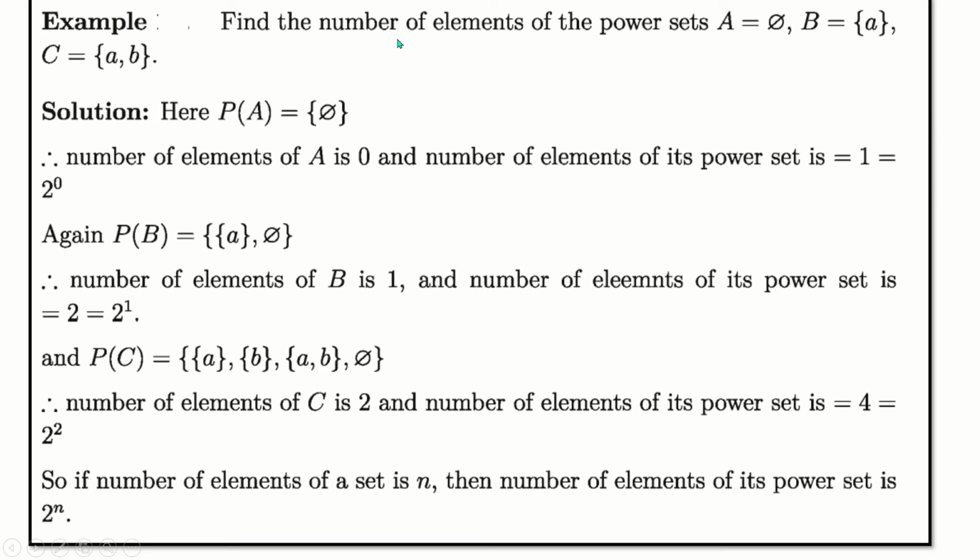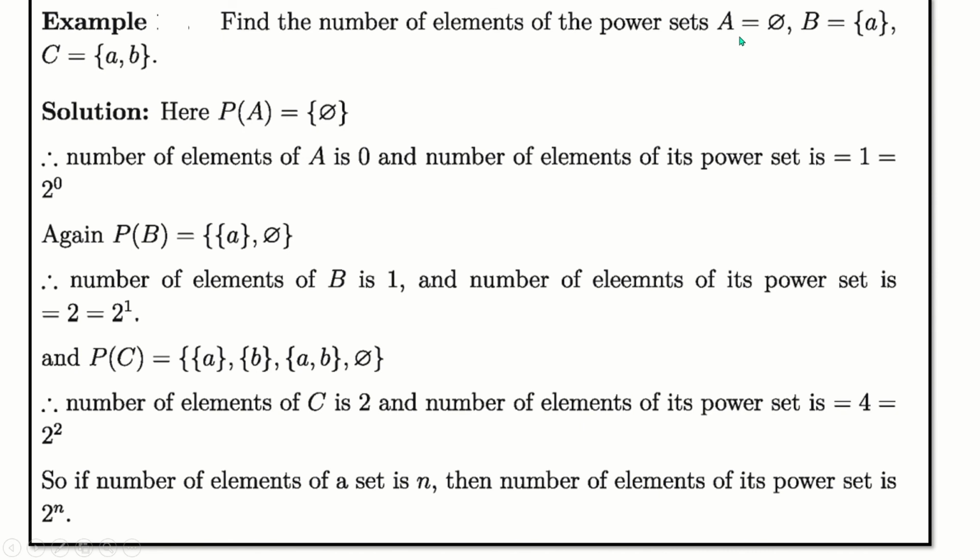Example. Find the number of elements of the power sets. A is equal to null set, B equal to a set whose element is A, C equal to a set whose element is A, B. Clear? And we know the definition of power set. Power set means the set of subsets of a particular set is the power set.